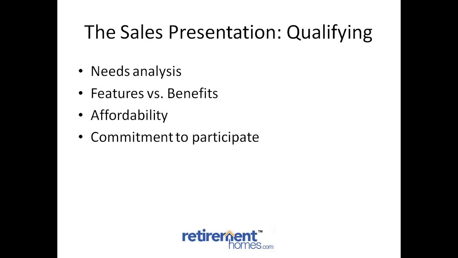In other words, what would be the most important thing to you in a community? What brings you here today? What are you most concerned about with the future? Those kind of open-ended questions. We're going to get into that in a moment. But understanding that is really the most preliminary important step before ever getting to talking about the benefits, to the features rather.